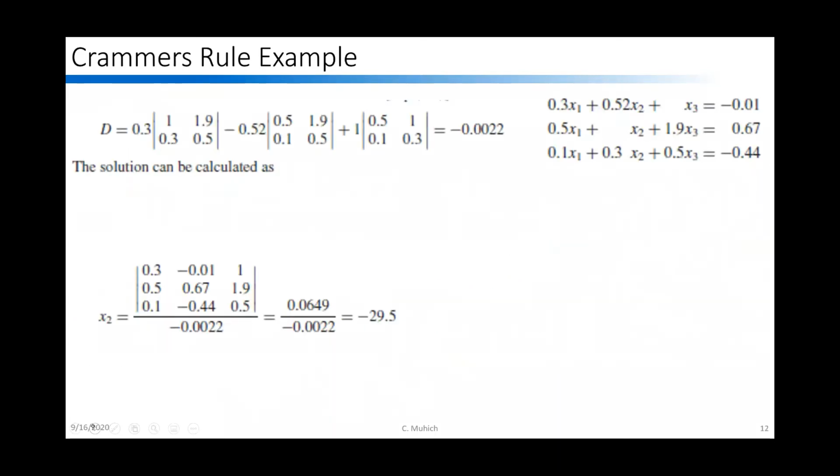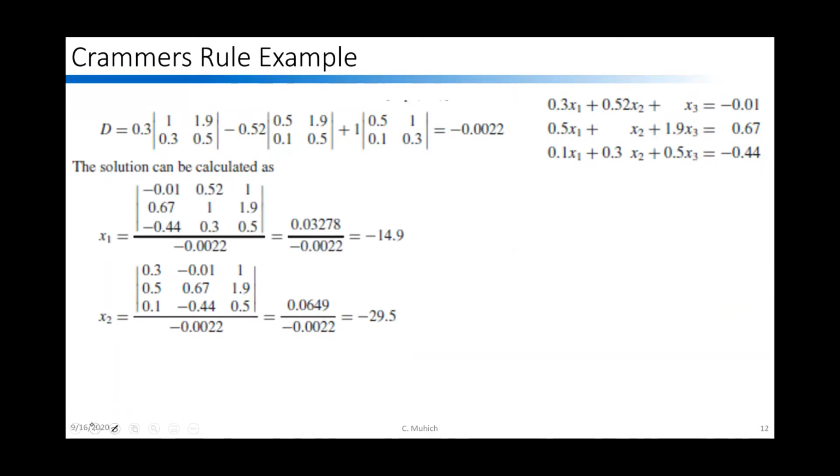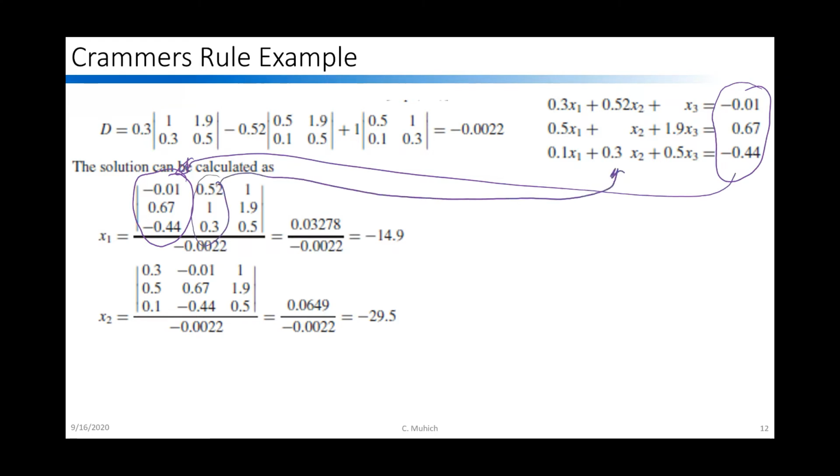We can do the same thing for the other two solutions. Here's x1. What you'll notice is that the first column of the determinant is those b vectors, while the second row of the determinant is from that matrix, and then same thing with that third row, they're coming from that farthest right-hand column of the matrix.